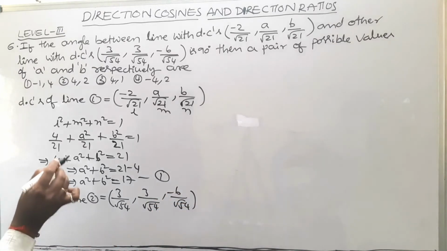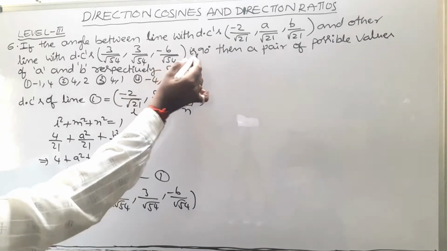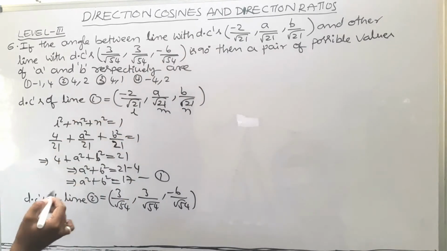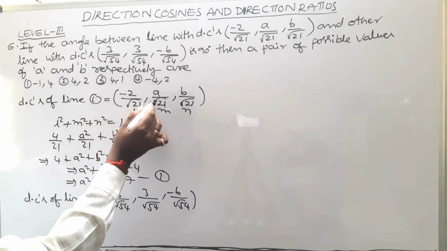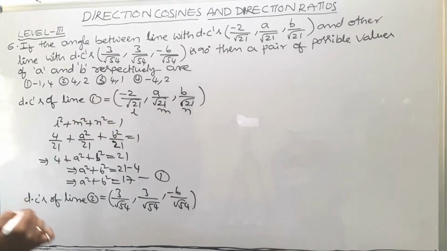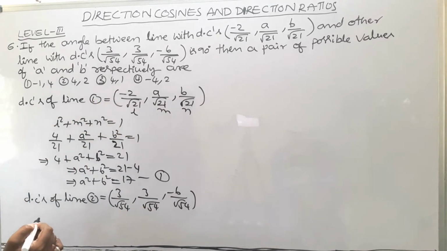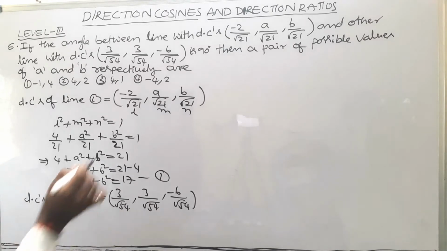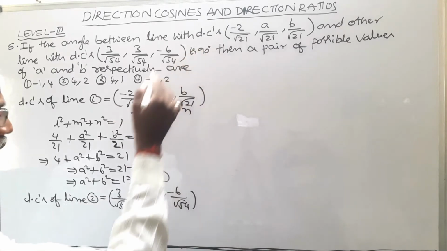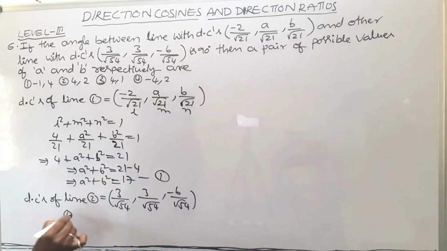Here the angle between line 1 and line 2 is 90 degrees, so 1 and 2 are perpendicular. If L1, M1, N1 are the DCs of line 1 and L2, M2, N2 are the DCs of line 2, then the condition is L1 L2 plus M1 M2 plus N1 N2 is equal to 0 when the lines are perpendicular.